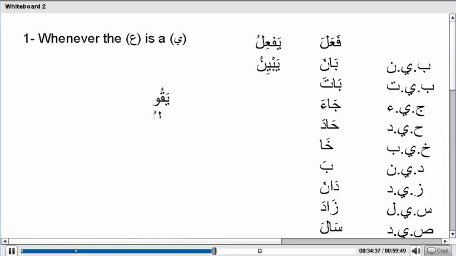So we said يقول. Here, we're going to do the same thing with the ya. Whatever we did with the waw, we're going to do with the ya with no difference. Same thing.